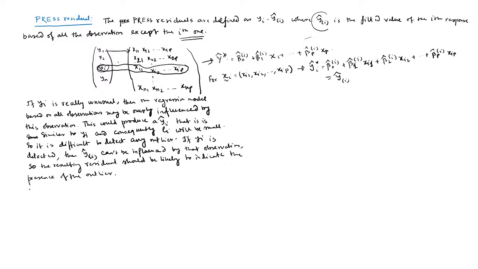And now the step by step procedure to compute yi hat. Step 1, as I already mentioned, delete the ith observation.